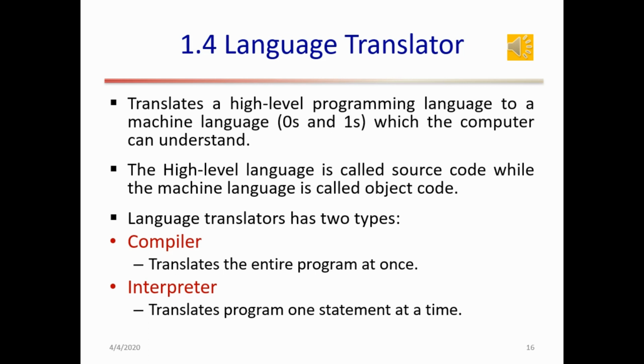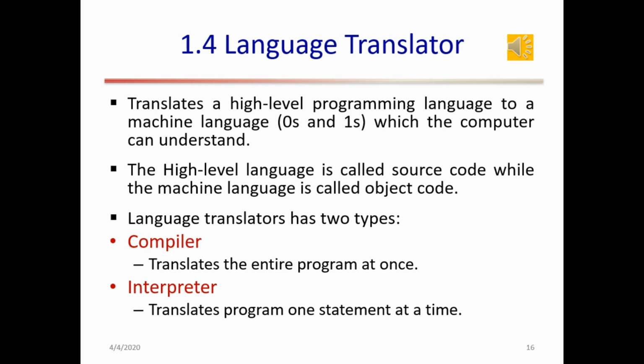These languages are somehow like English, so the programmer can write print, output, get data, read data, and so on. The computer cannot understand this type of instruction, so they need to be translated to what we call machine language, the zeros and ones, the only thing a computer can understand. The high-level language is called a source code, while the machine language is called an object code.